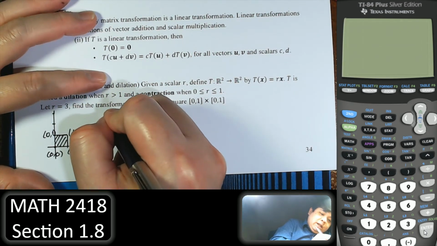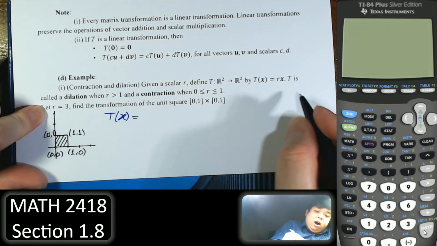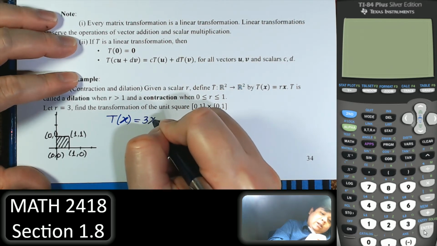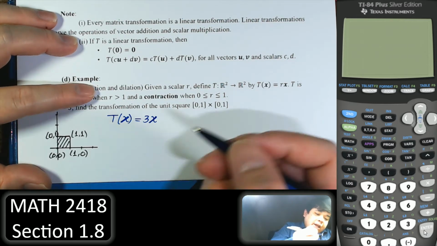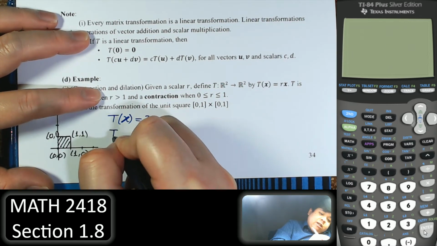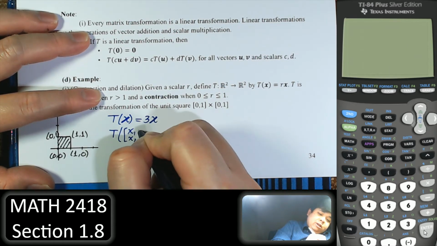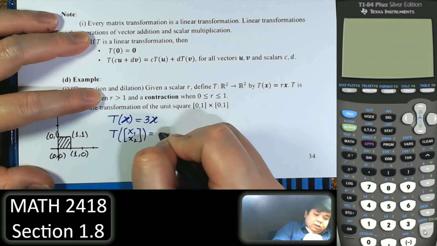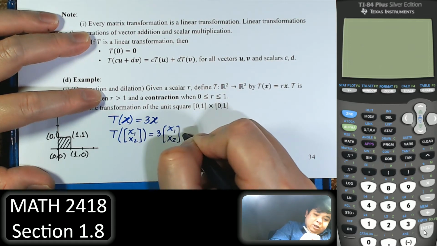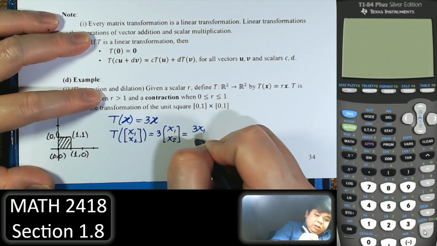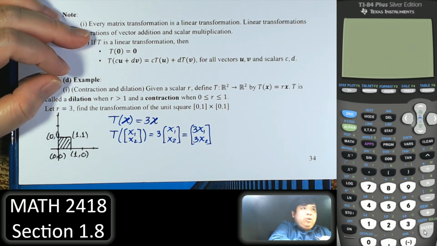So we say T of x is equal to r times x, so just 3 times x. Or if we write T of x1, x2, it is going to be 3 times x1, x2, which is equal to 3x1, 3x2. So that's simple enough, right?